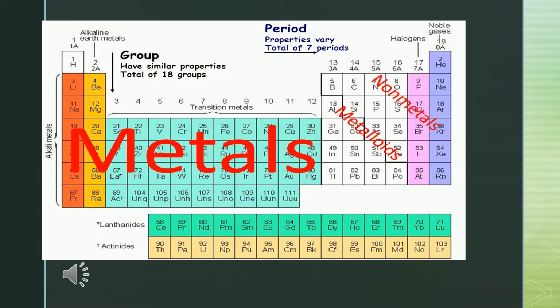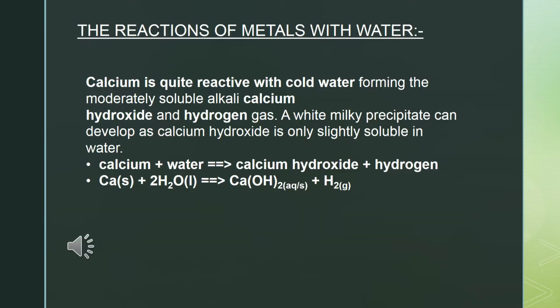In between we have the transition elements, and they are all metals, and they include most of the metals in everyday use. For example, it includes iron, copper, tin, zinc, lead, silver, gold, etc. So basically this was the introduction using the periodic table.